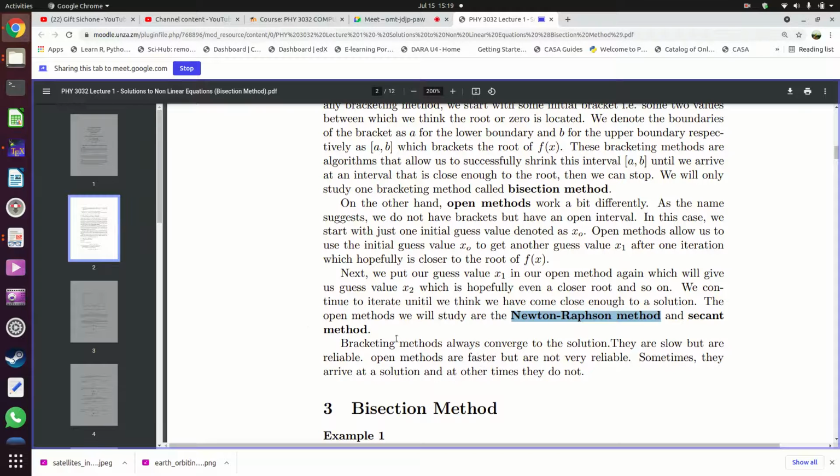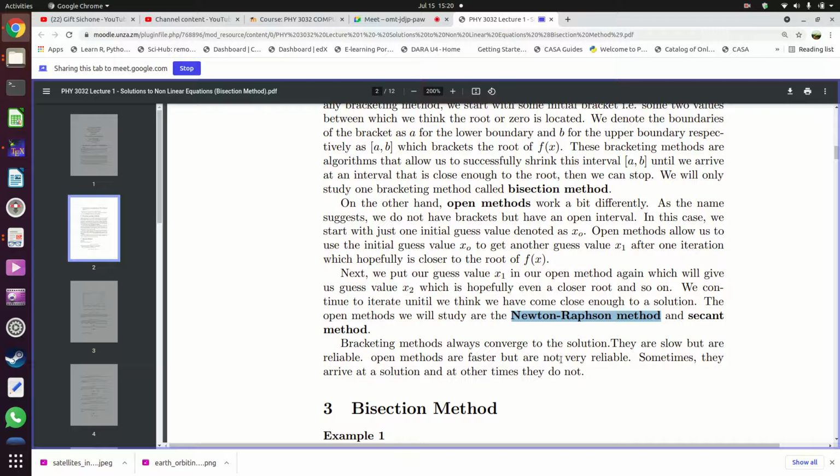For a bracketing method, because you keep on shrinking the bracket bit by bit, they usually tend to be slow. So bracketing methods are a bit slower. However, because computers have become faster and faster, I don't think you're going to notice the slowness really.